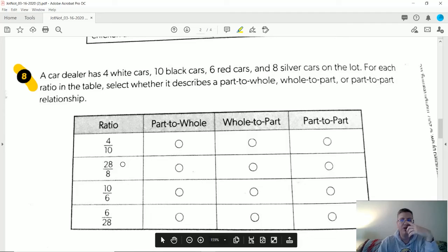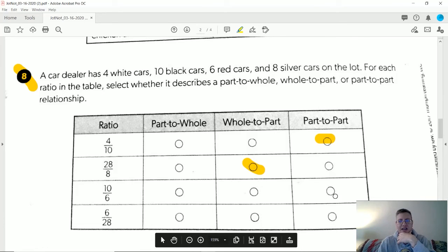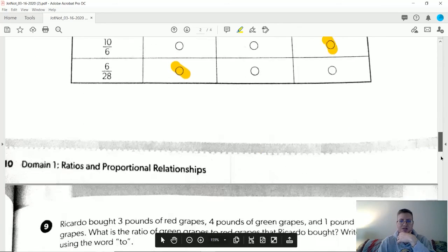It's just going to depend whether we're starting with the whole or ending with the whole for our comparison. So 4 to 10, neither of those are our whole, so it's going to be a part-to-part ratio. 28 to 8 would be a whole to part, because we're starting with the whole number. 10 to 6 is another part to part. And then 6 to 28 would be a part to whole relationship.